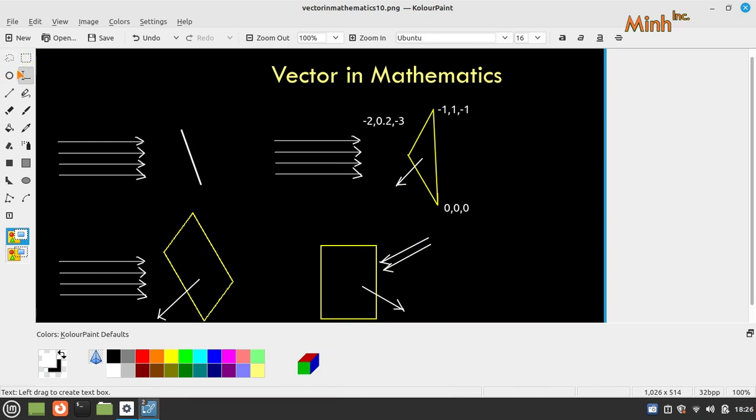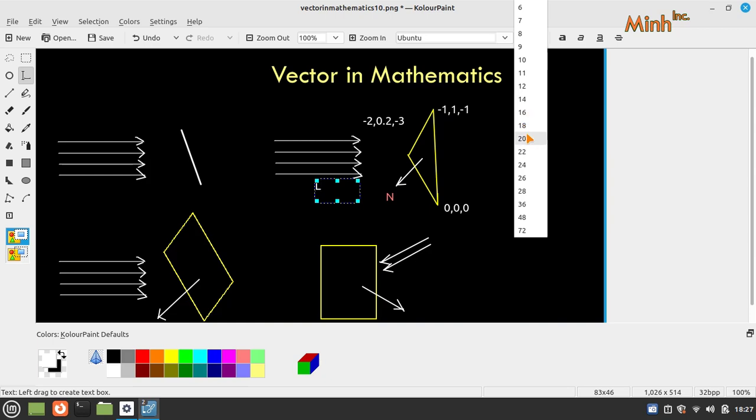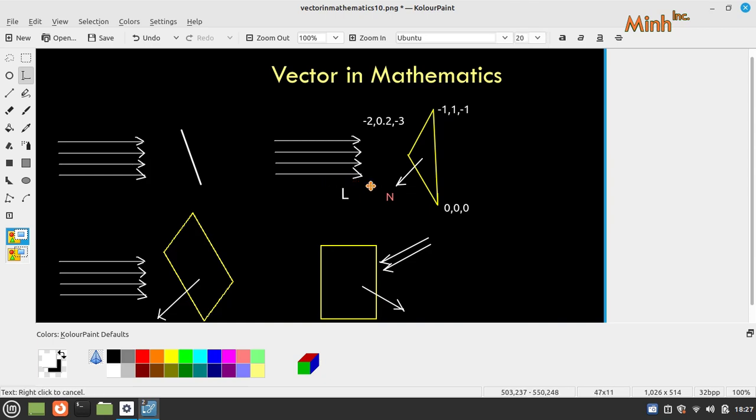Okay, so let's consider this as normal vector. Okay, and let's consider this as light vector. Now let's consider this and this.